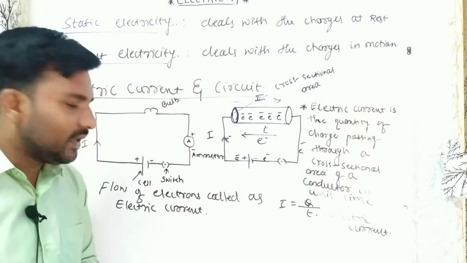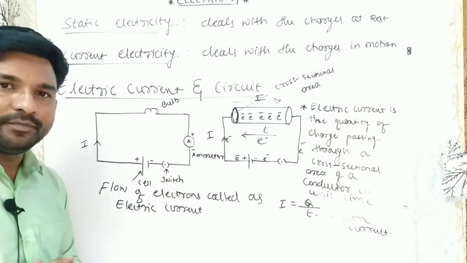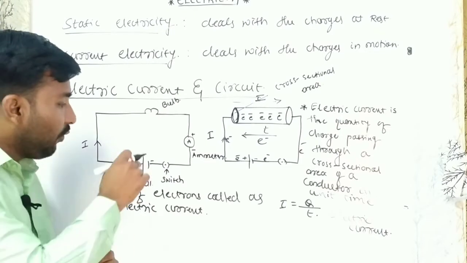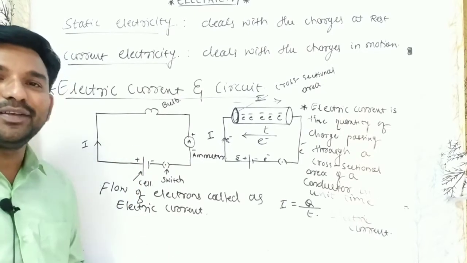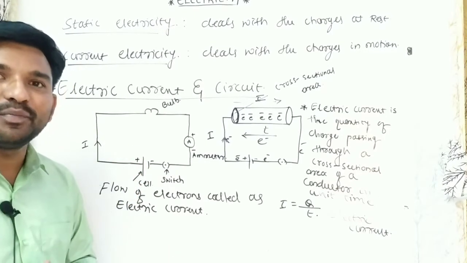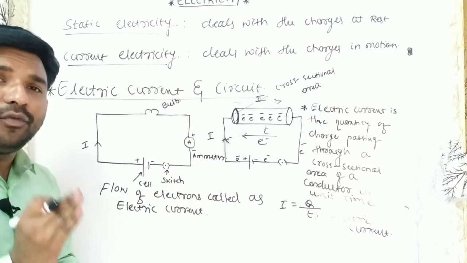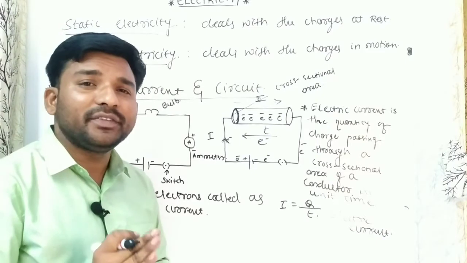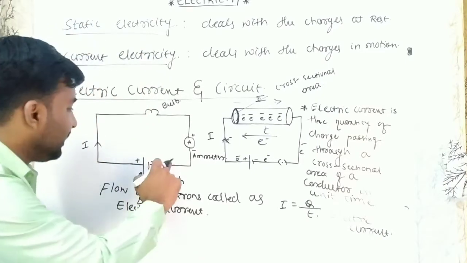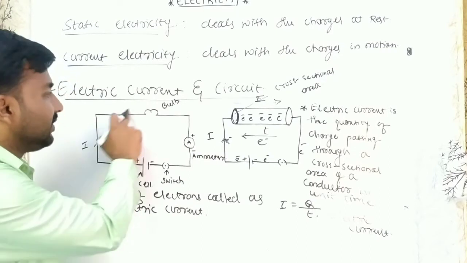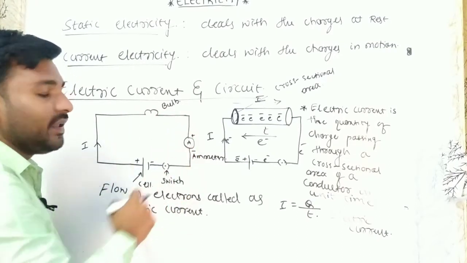Let us suppose that when the switch is on, the electric bulb will glow. When the switch is off, the electric bulb does not glow. So what is happening here? When the switch is on, there is a continuous flow of charges in this wire, the conductor.